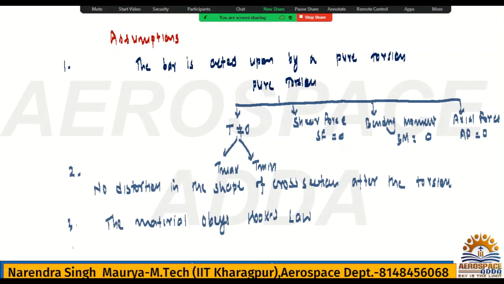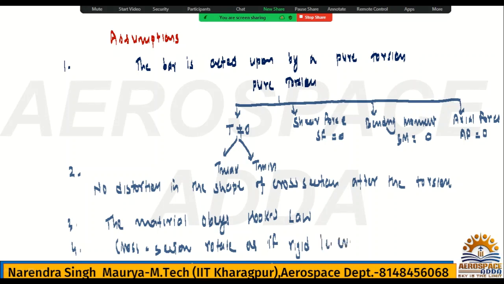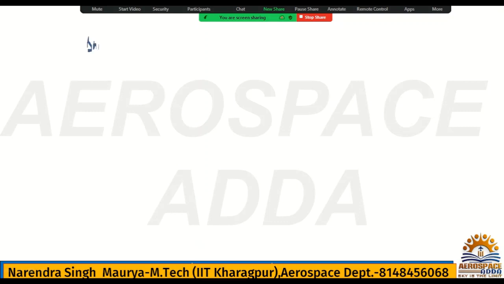So I must write: cross section rotates as if rigid, that is, every diameter rotates through the same angle.